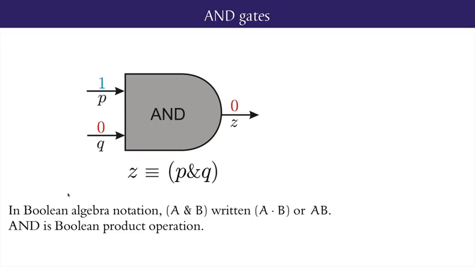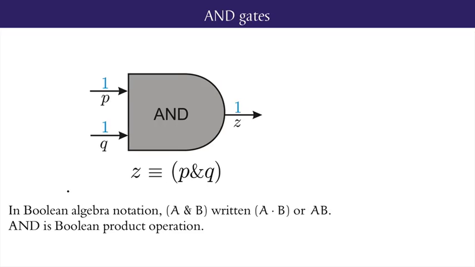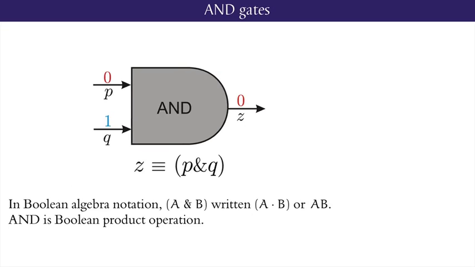In the notation of Boolean algebra, standard in the digital systems literature, A and B is written in product form as AB. Equivalently, the output is 0 if and only if one or more of the inputs is 0.